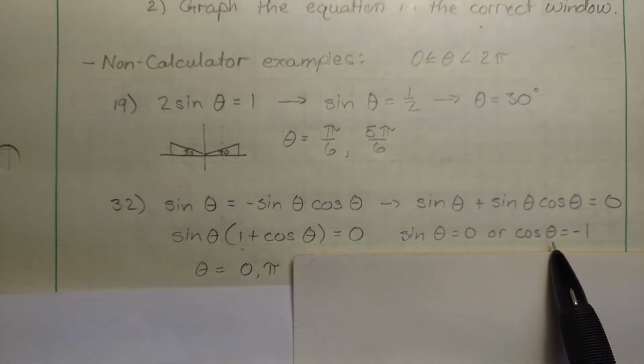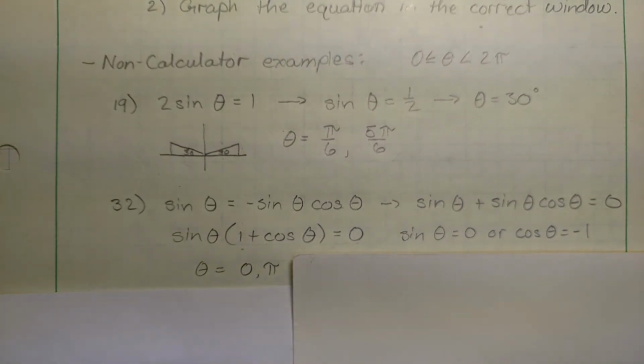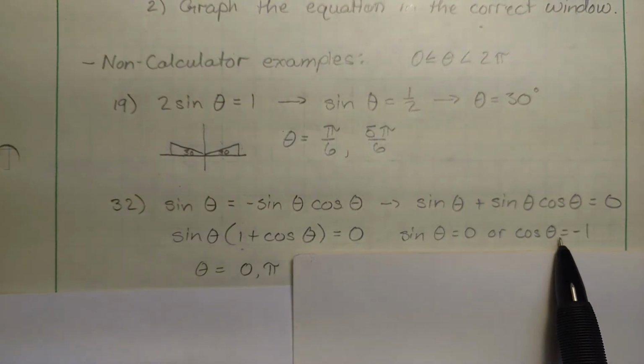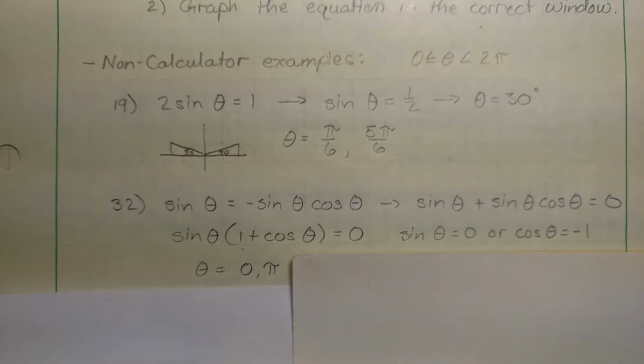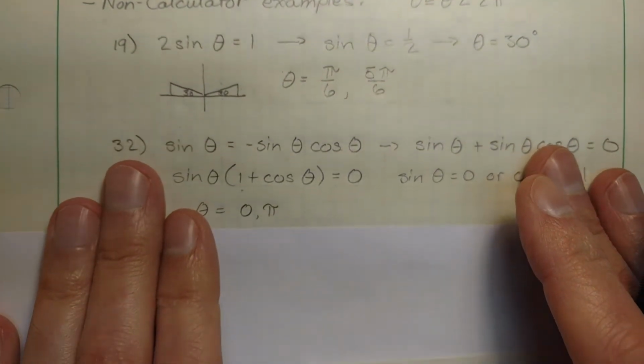For the cosine to be negative 1, I need the x value, or the adjacent side, to be negative 1. Well, that is also at pi, so I've already included that, so I don't have to include that again. That's just going to be 0 and pi.